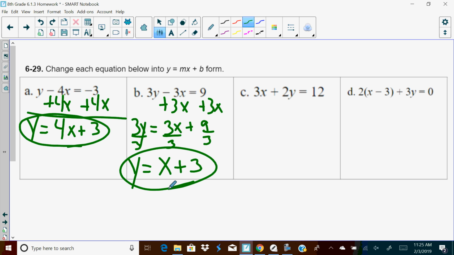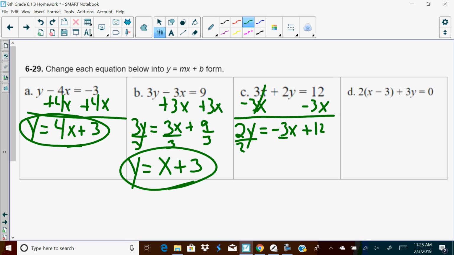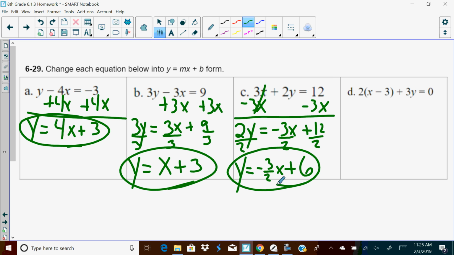C, I'm going to subtract 3x from both sides. So I have 2y equals negative 3x plus 12, and then divide everything by 2. So we get y equals negative 3 over 2x, or some people changed it to negative 1.5, which is fine, plus 6. And for D, first I have to distribute the 2.